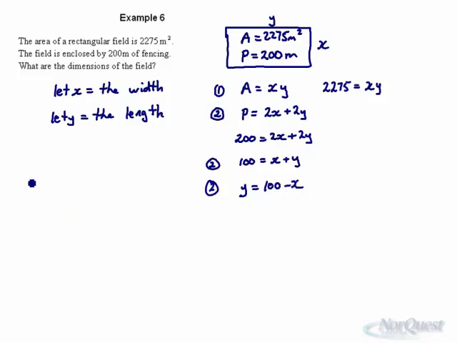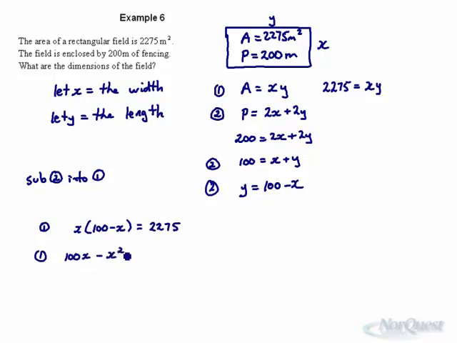And now I'm going to go back to something we've done earlier: substitute equation 2 into equation 1. Every time you have two unknowns, you know you need to create a system. So equation 1 becomes x times y, which is 100 minus x, equal to 2,275. Expand: 100x minus x squared equals 2,275.